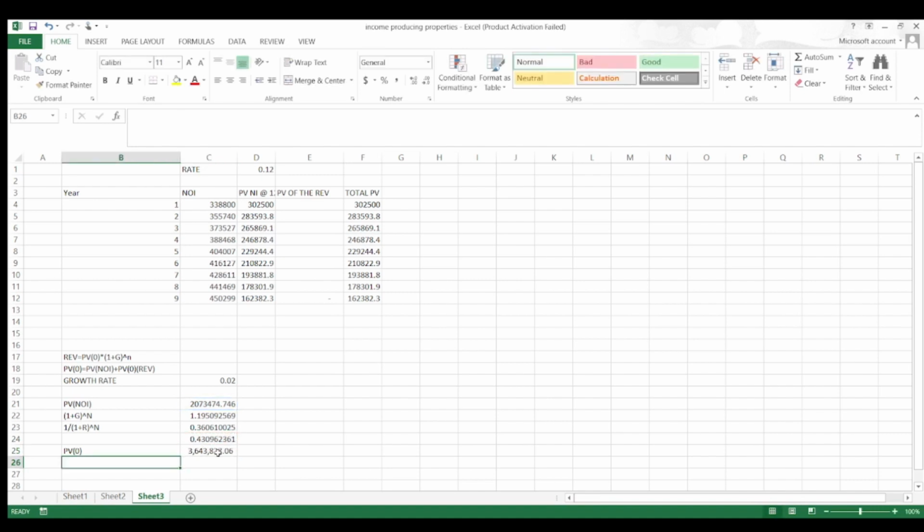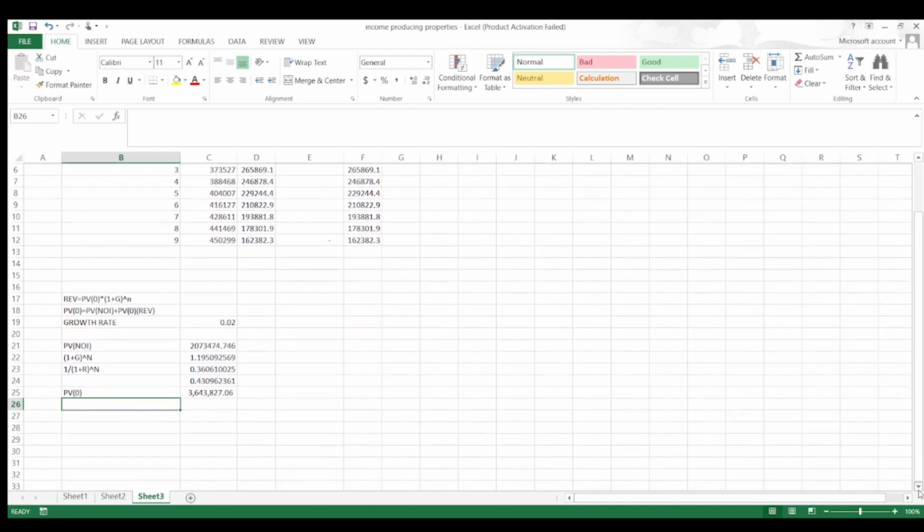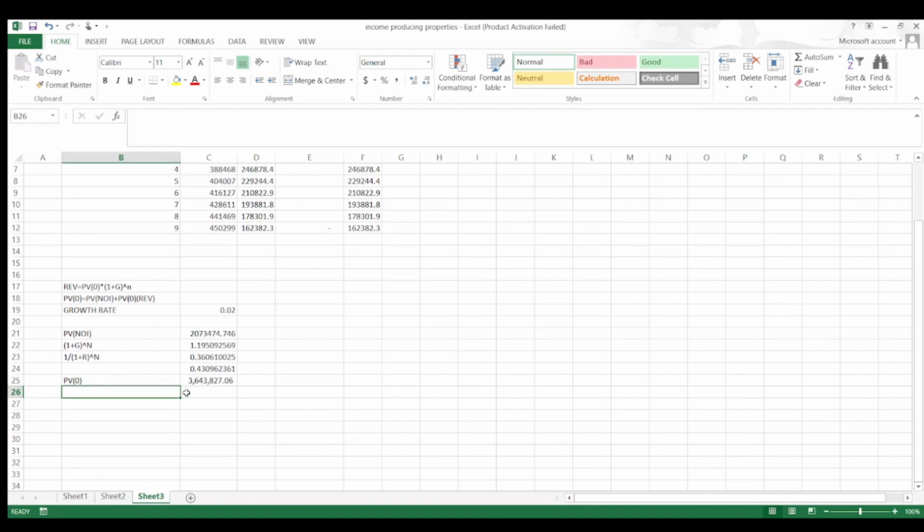So with that, we have our present value at time 0 will be equal to 3.643 million 827.